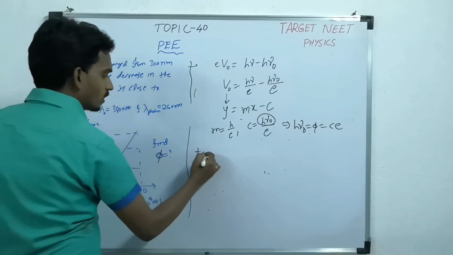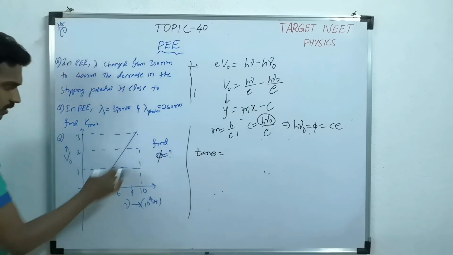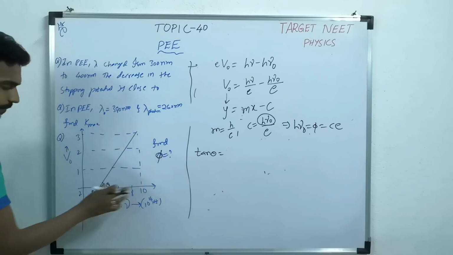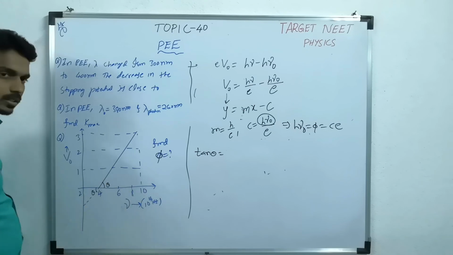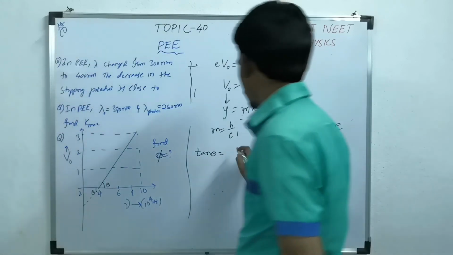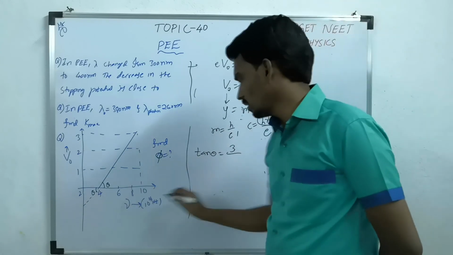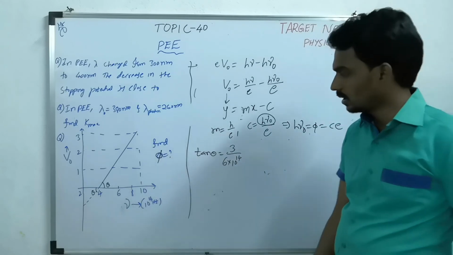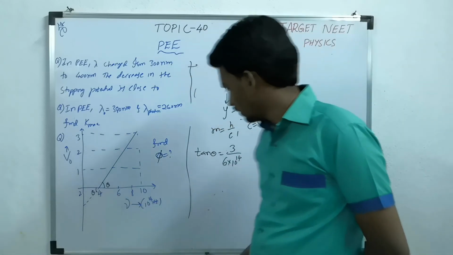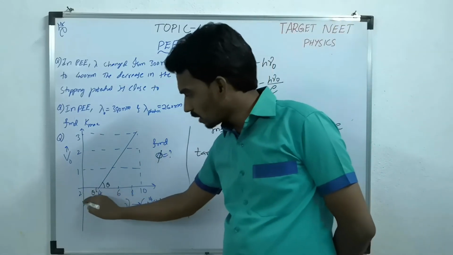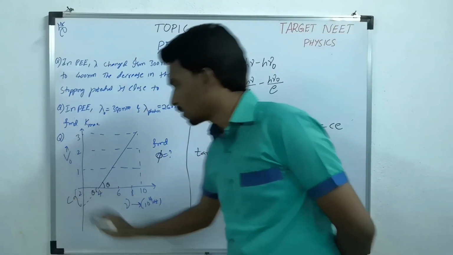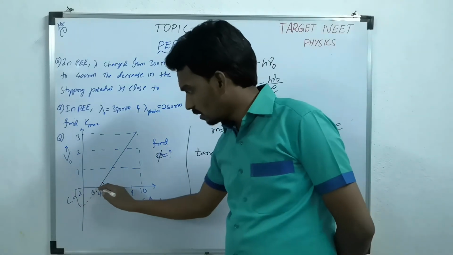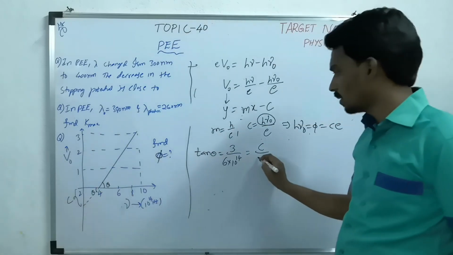Then tan theta in this right angle triangle is opposite by adjacent: 3 by here, 4 to 10 means 6, so 3 by 6. But here it is in terms of 10 power 14. Now the opposite is nothing but the intercept C. So C by here, this is 2 to 4, so it becomes 2.